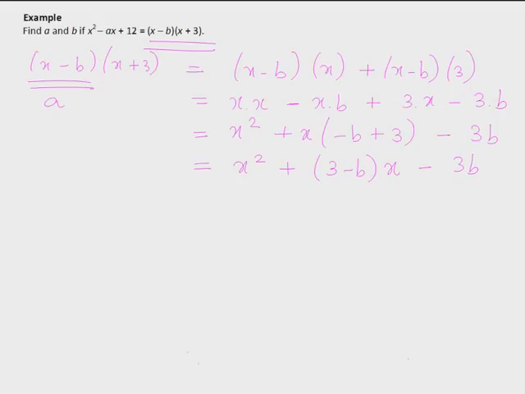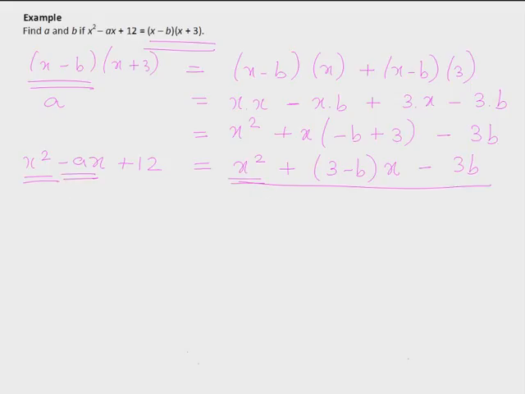So I can compare the two quadratics. The left hand side was x square minus ax plus 12, and the right hand side is the expression I've just derived. For two quadratics to be equal, every coefficient of every term of x should be equal. So here we have x square and x square, so that's safe.